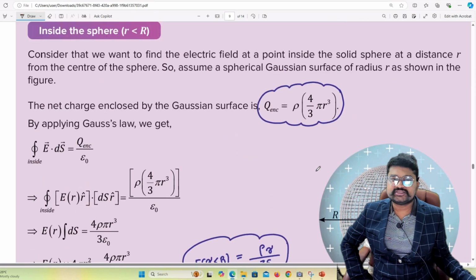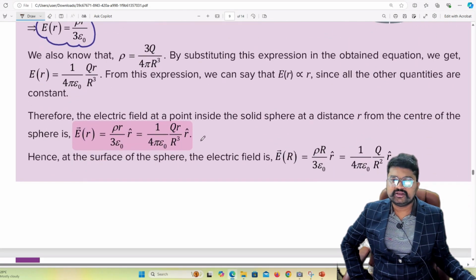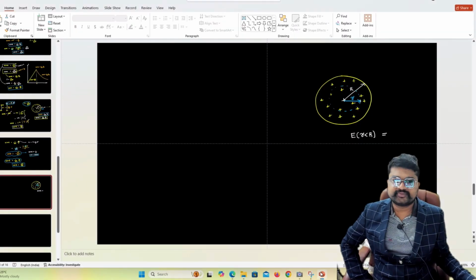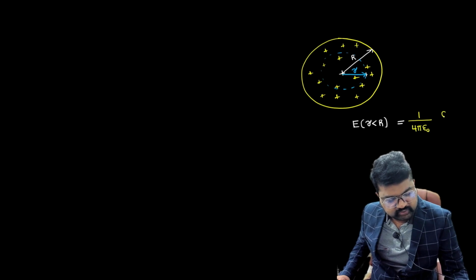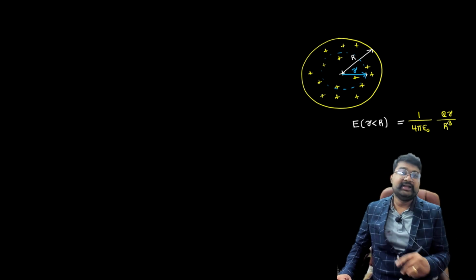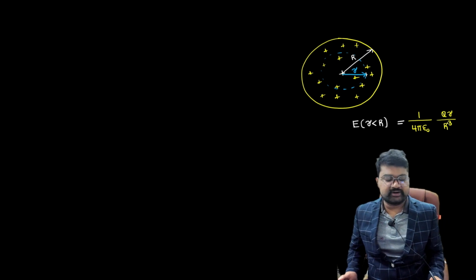E of r less than R is Q r/R cube. That's it. What is the expression for a solid sphere? Here 1/4πε0 Q times r/R cube. Linear distribution.